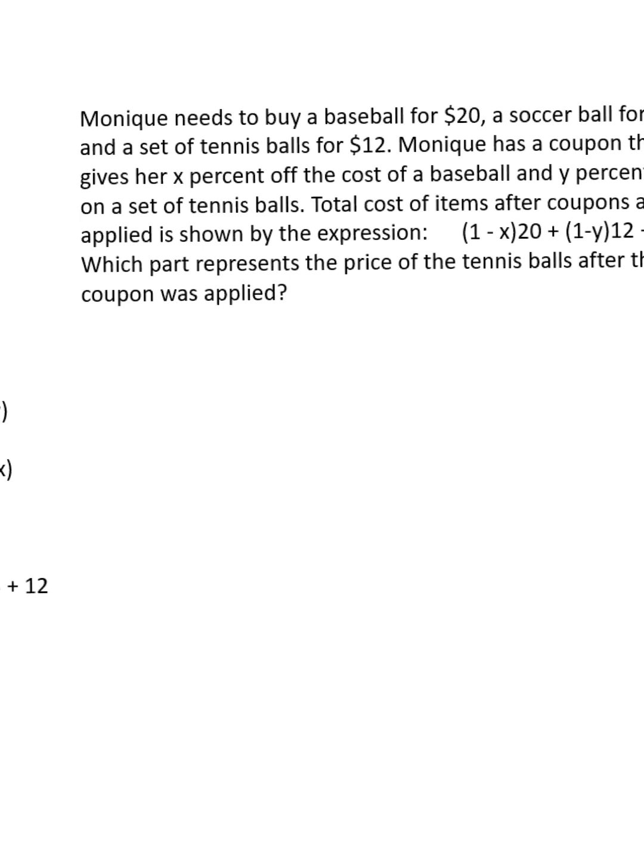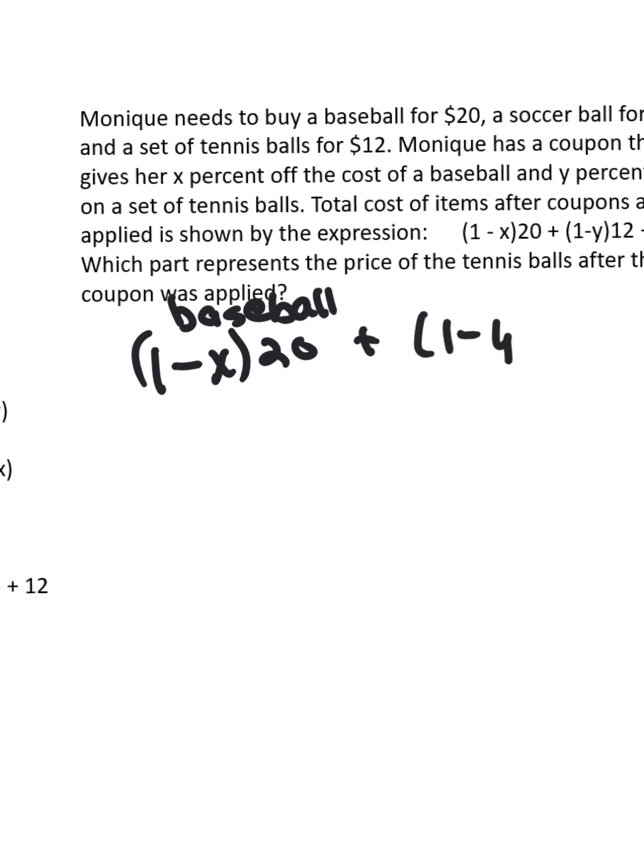So we have the expression 1 minus X times 20, which is dealing with the cost of the baseballs, plus, if we buy tennis balls, 1 minus Y times 12. Okay, this is going to be tennis balls. And the plus 15, this soccer ball was not discounted. Therefore, that's where the plus $15 comes in.